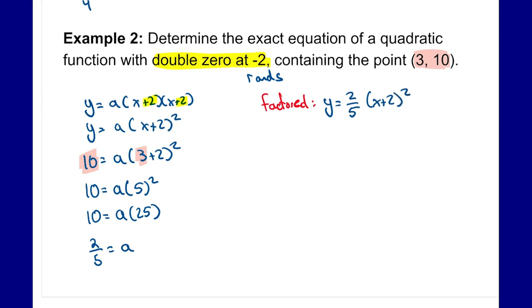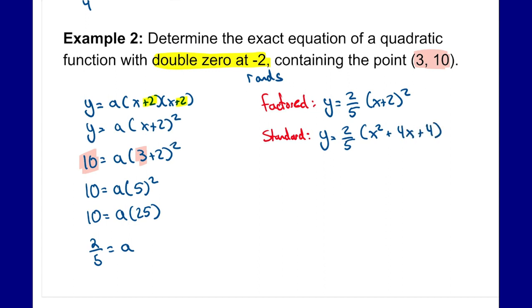Or I could say (x + 2) times (x + 2). Now standard form, I'm going to expand this. So y equals 2 over 5 times, and I'm just going to use the properties of perfect square trinomials, x squared plus 4x plus 4.